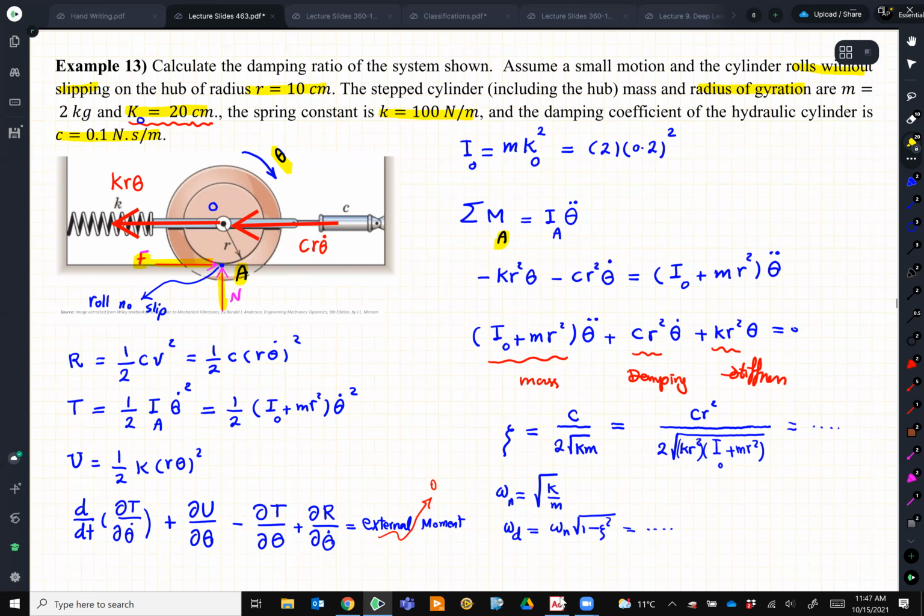The reason that I'm taking the derivative about point A is because I wanted to get rid of these N and F, correct? And wherever we take the moment, sorry, I said derivative, wherever we take the moment, like the sum of moments about point A, that moment of inertia has to be about that point, and that's the Euler law. All right, so it was a good question from you.